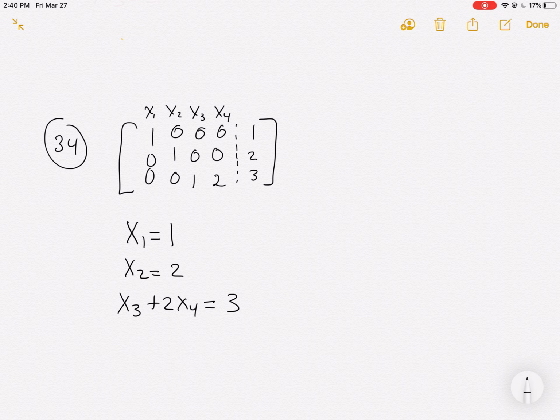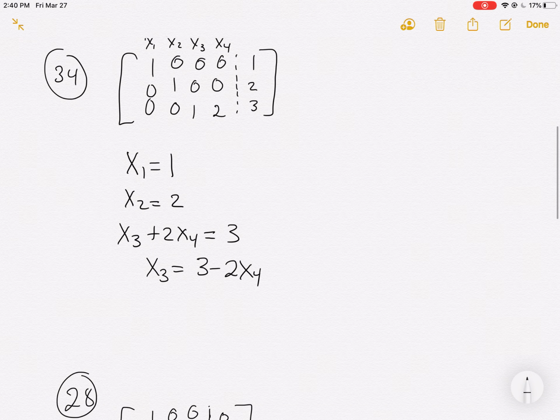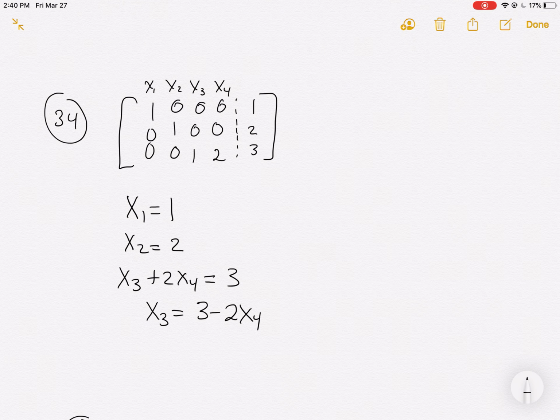So the way this is typically handled is to solve this last one for x sub 3 and realize that that's 3 minus 2x sub 4. And so the answer will be this. The answers will be written often like this: x1 is 1, x2 is 2, x3 is 3 minus 2x sub 4, and x sub 4 can be anything.